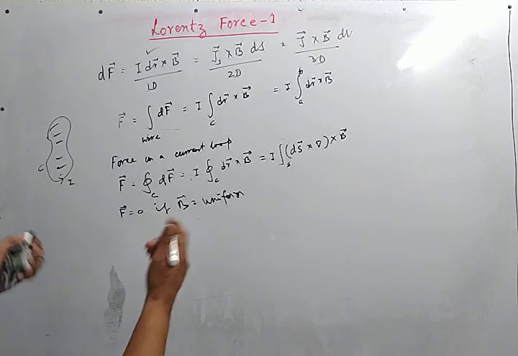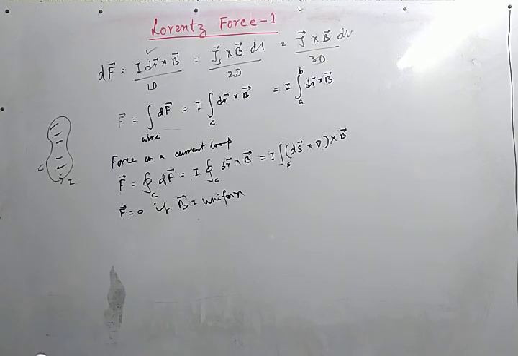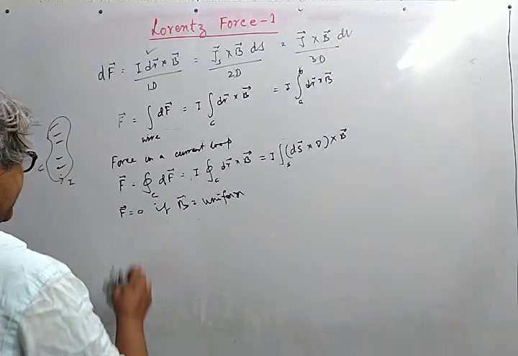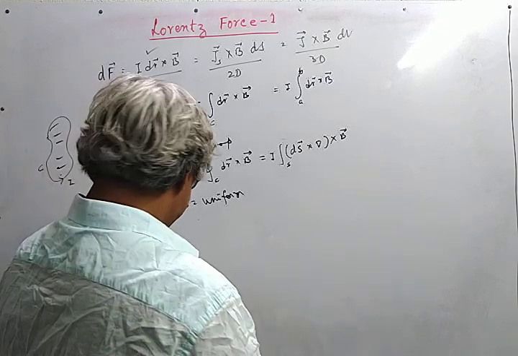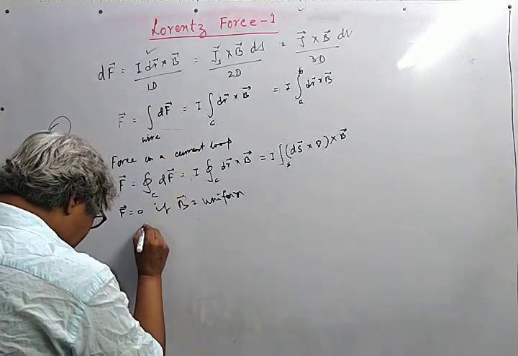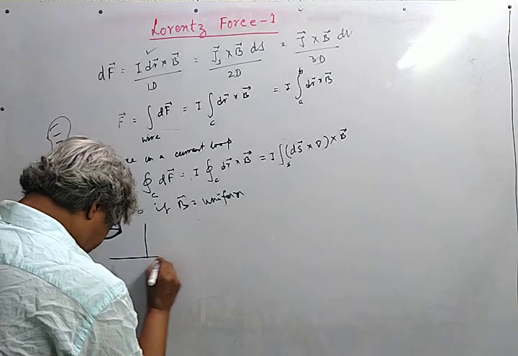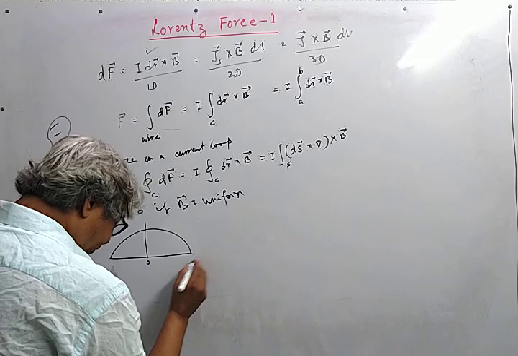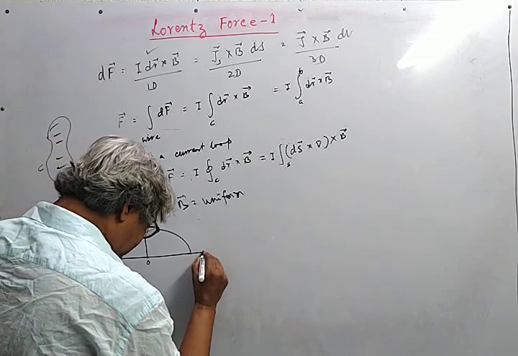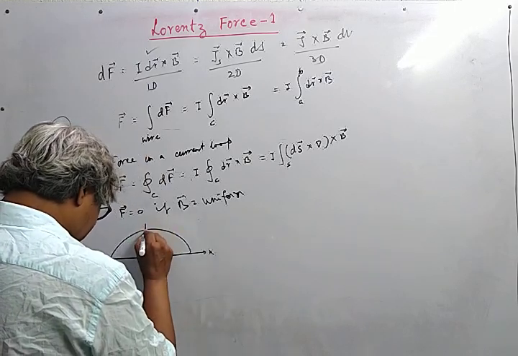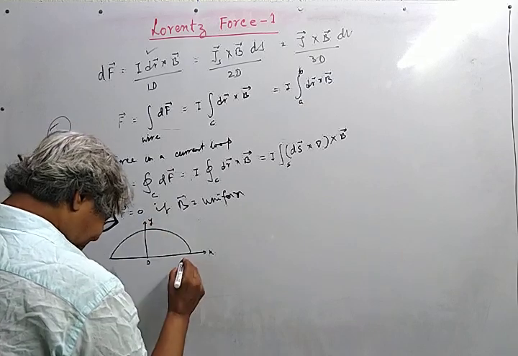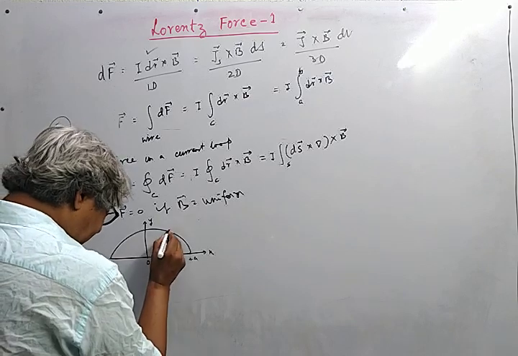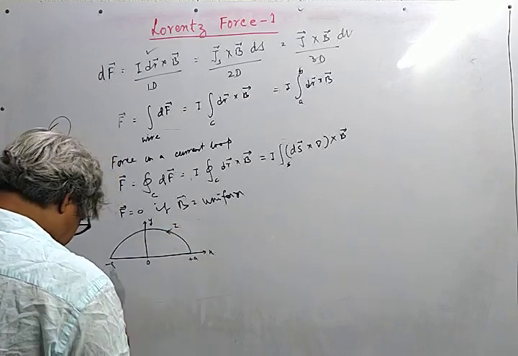Let me take an example to calculate the force on a closed loop. As an example, we consider a semicircular wire of radius a. This is considered the x-axis, this we consider as the y-axis, this is plus a, this is minus a, and the current I is flowing through this.